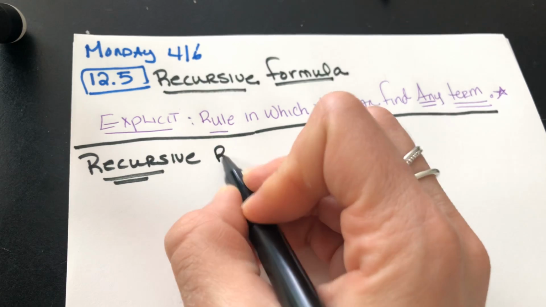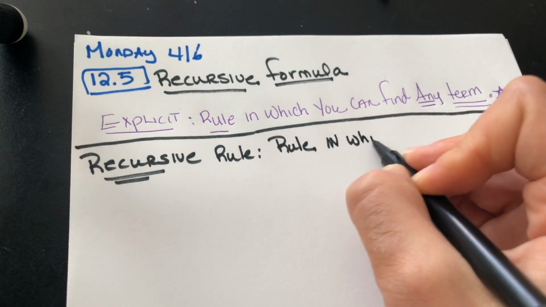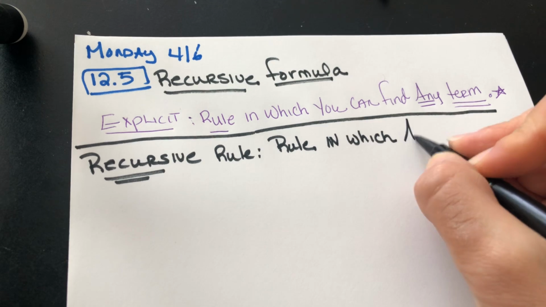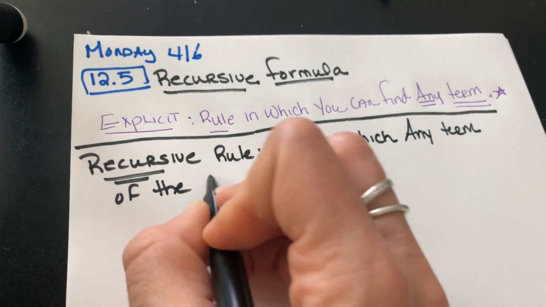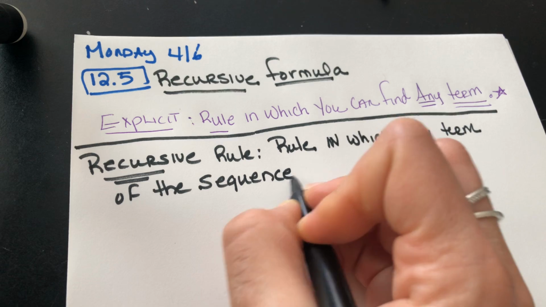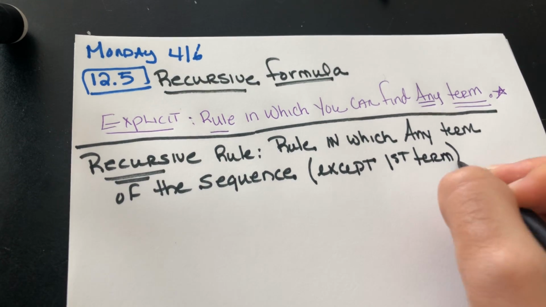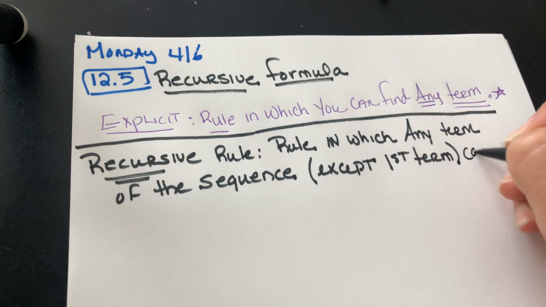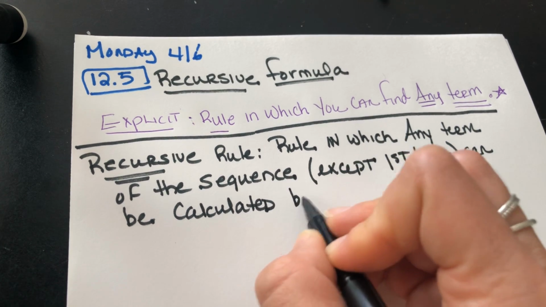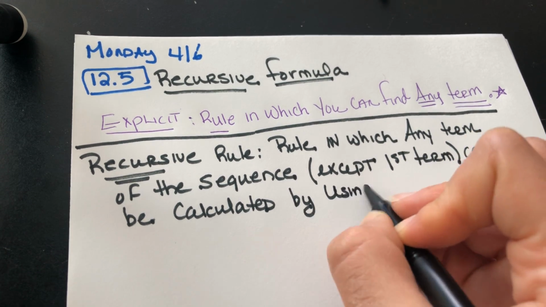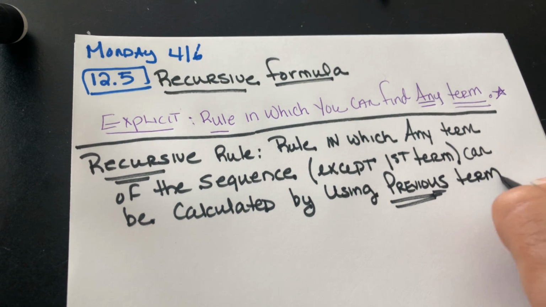Okay, so what the recursive rule states is it is a rule in which any term, so kind of the same thing, of the sequence except the first can be, we could say calculated, we could say found, by using the previous term. So this is big. This is something different than the explicit.